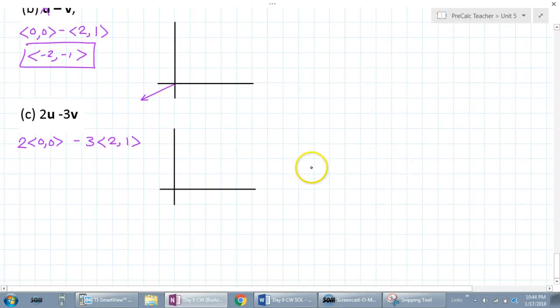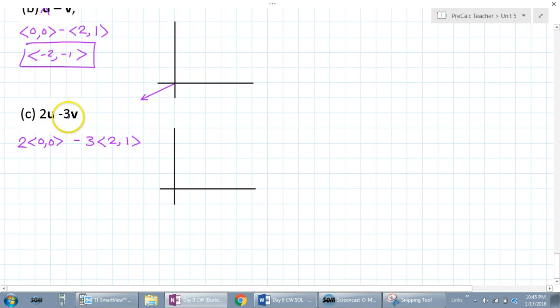Alright, last but not least, 2u minus 3v. Because vector u is 0, 0, when I graph this, there's going to be nothing to graph. 2 times nothing is nothing. So what I'm really graphing is negative 3v. And look, here I have a copy of negative v. So I'm going to Control C, copy that into memory, and Control V, paste it. So now I've got my own copy.